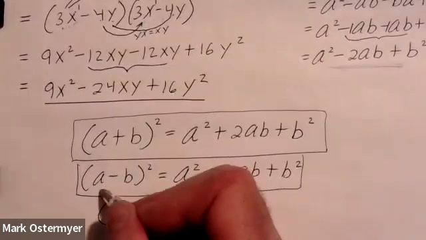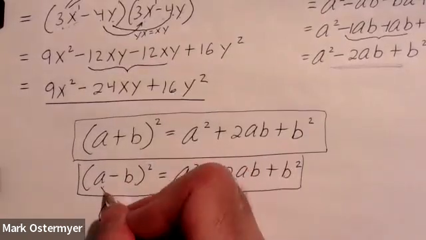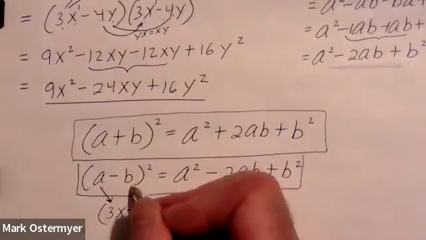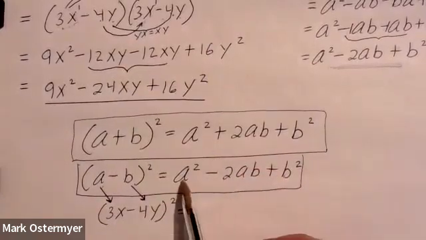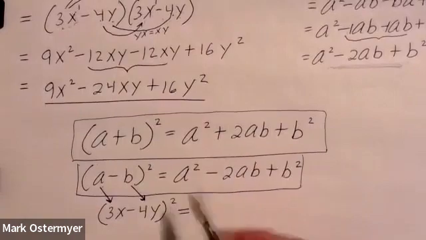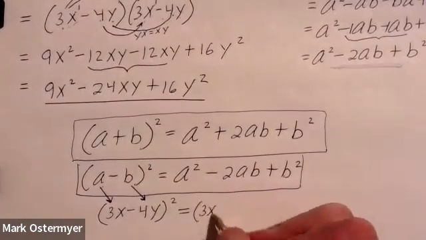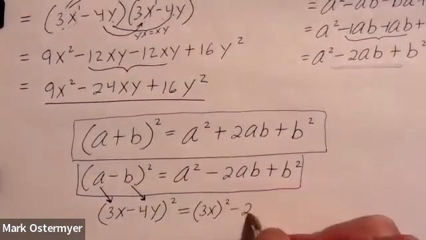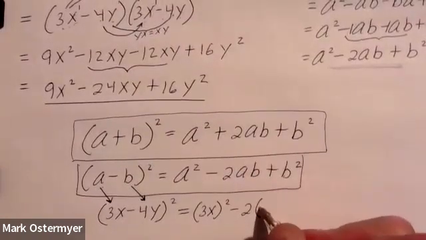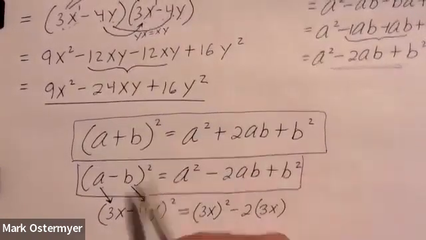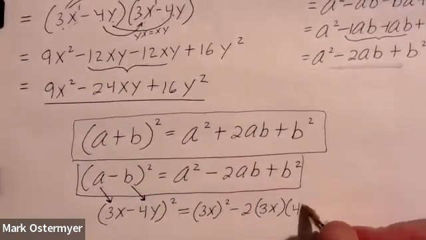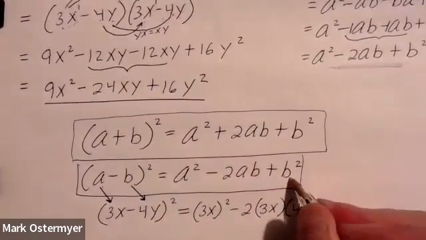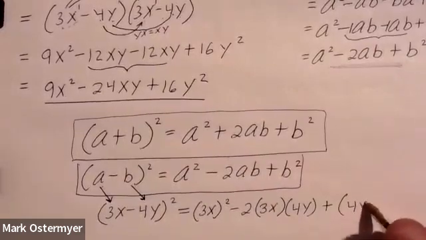My a is 3x and my b is 4y. Wherever I see a in this pattern, I replace it with 3x, and 4y replaces the b each time.